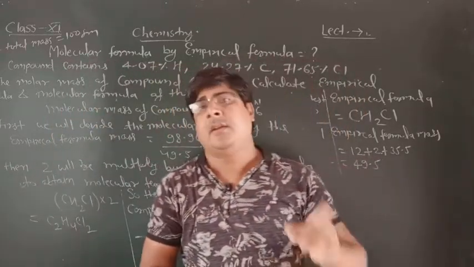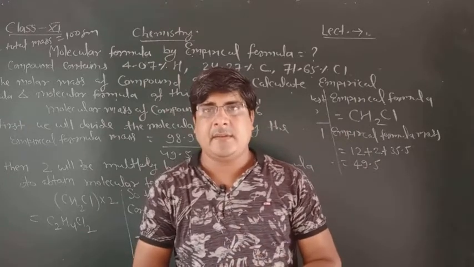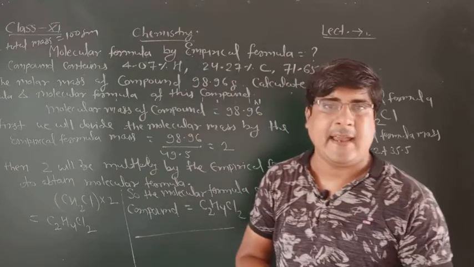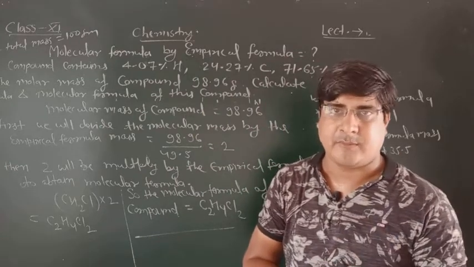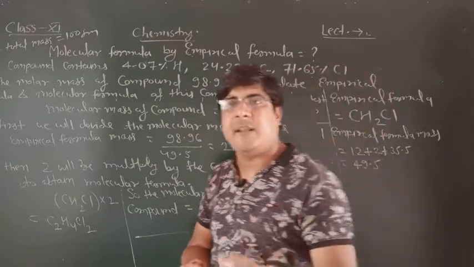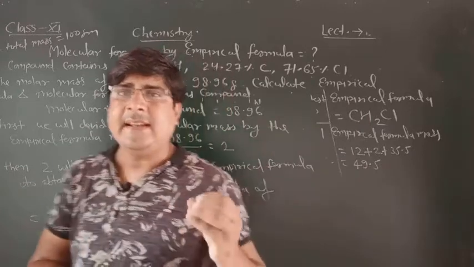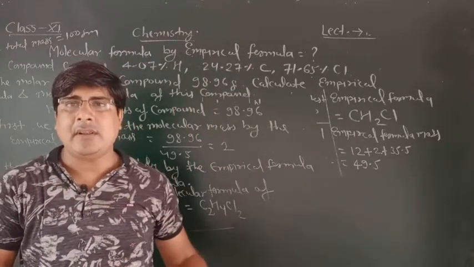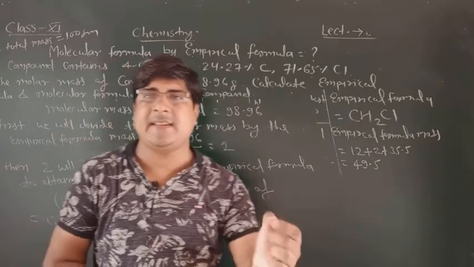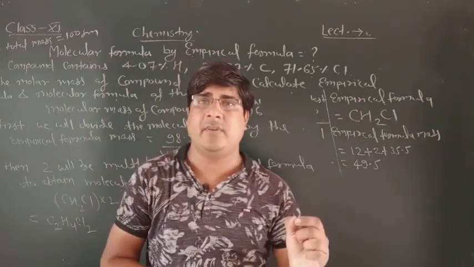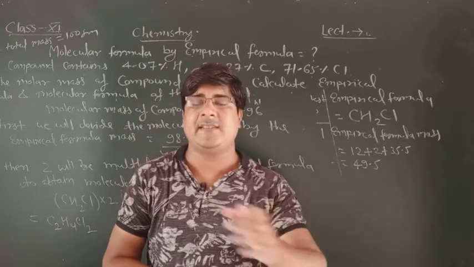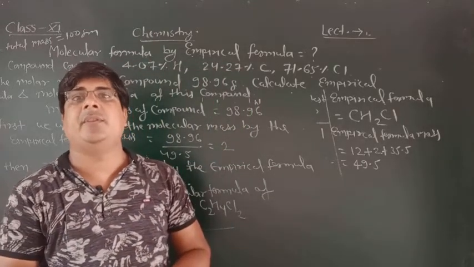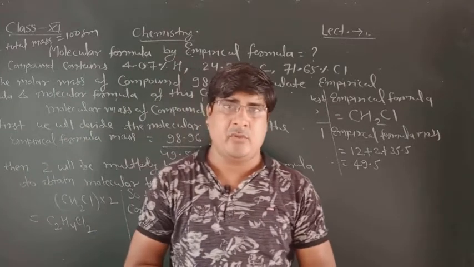Write the atomic mass, then calculate the number of moles of the various atoms present in the compound, then take the simplest ratio. How? Divide all the moles by the smallest number. You will find the simplest ratio.